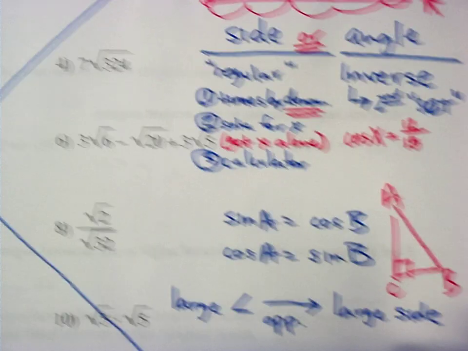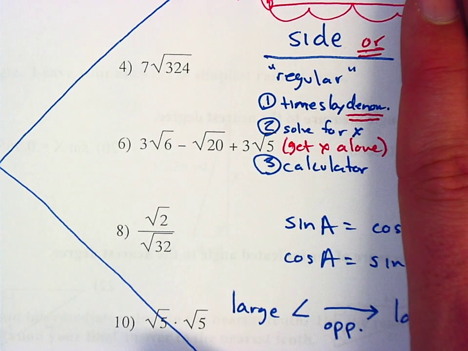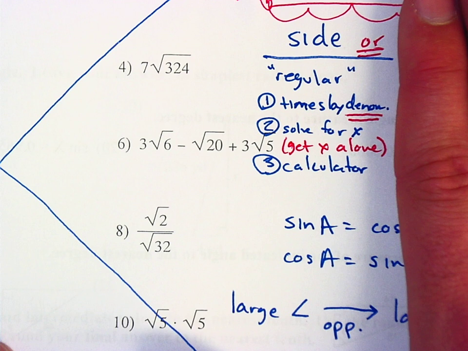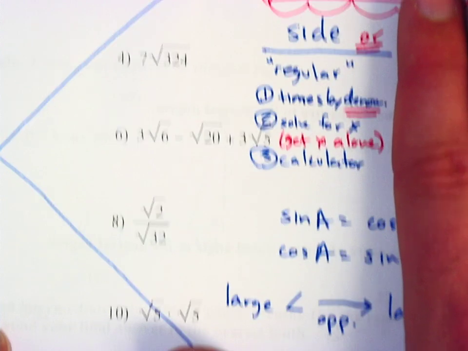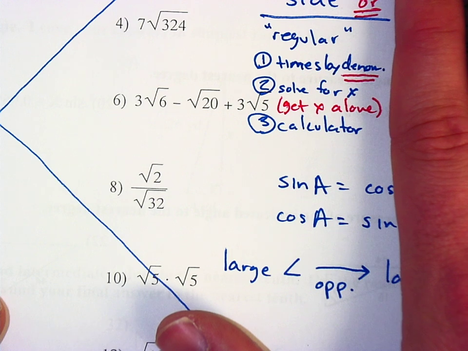The other thing that they're going to ask us to solve for is the side. Now the side might seem a little bit more confusing, but it's actually very straightforward. The first thing we're going to do is set up our SOHCAHTOA, just like with the angle. And remember that SOHCAHTOA is what we're going to do for almost every problem. Then we're just going to multiply by our denominator.